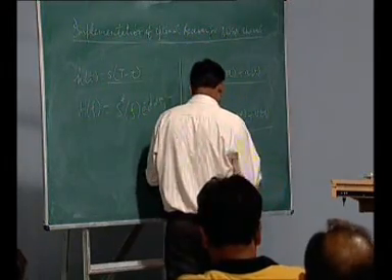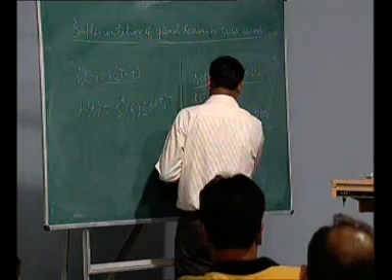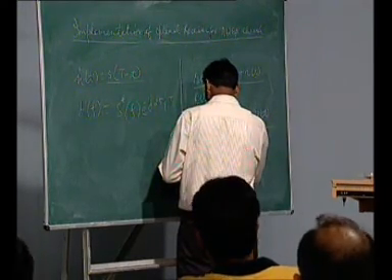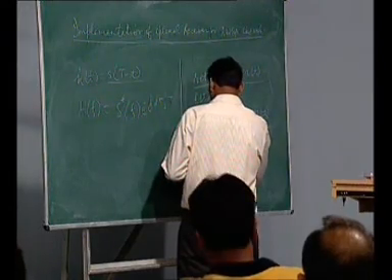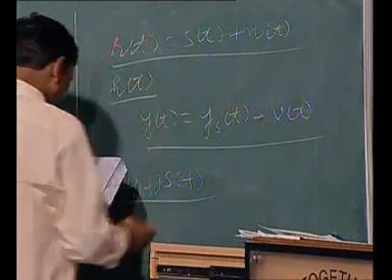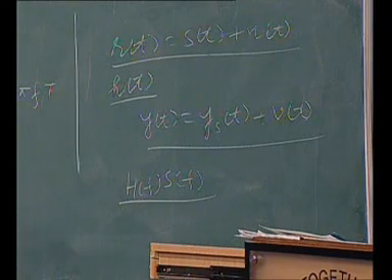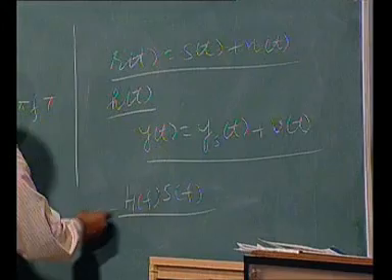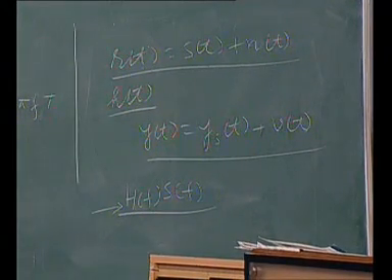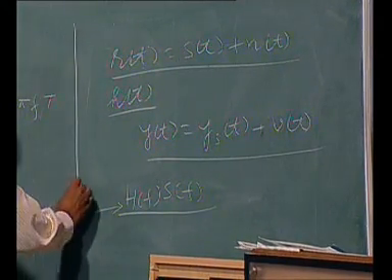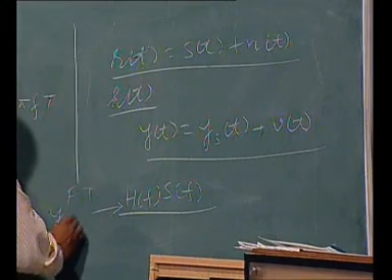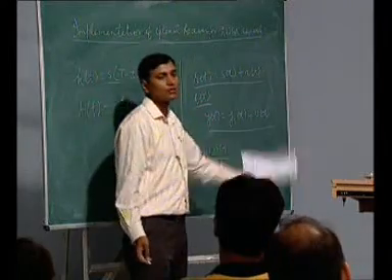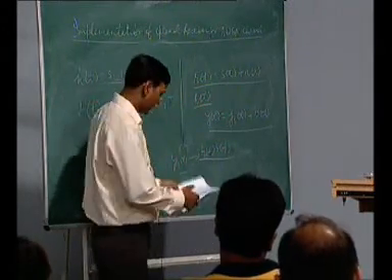Now in this case, if you take the Fourier transform, this is the Fourier transform of y_s(t), and this is the Fourier transform of v(t), which is for the noise n(t).